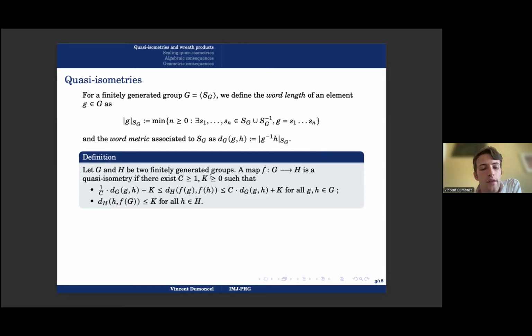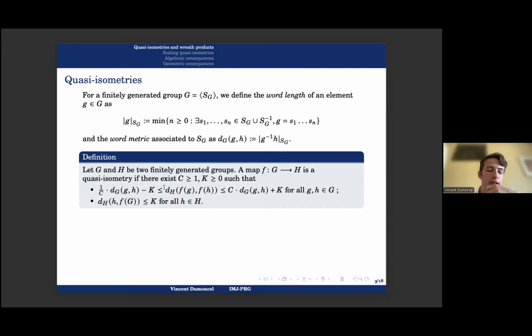So a way of formulating this is that you can find constants C and K such that these two inequalities hold. So you should be able to bound from above and from below the distance between two images in terms of an affine function of the distance between the pre-images. So this is the first requirement that we need.